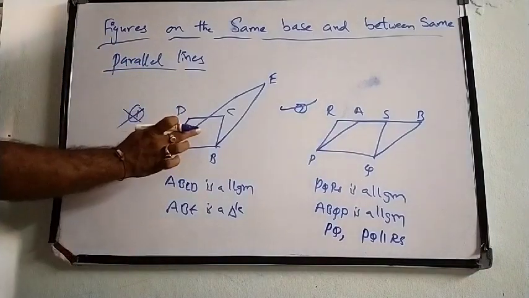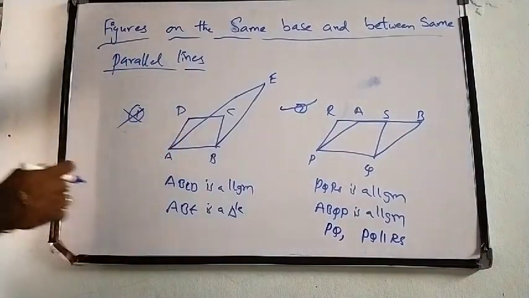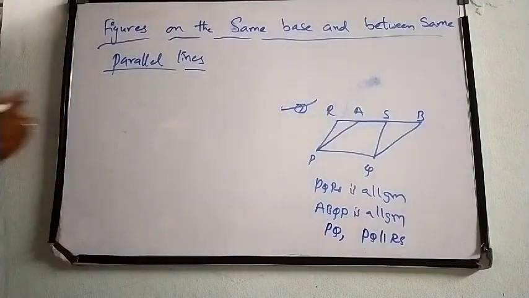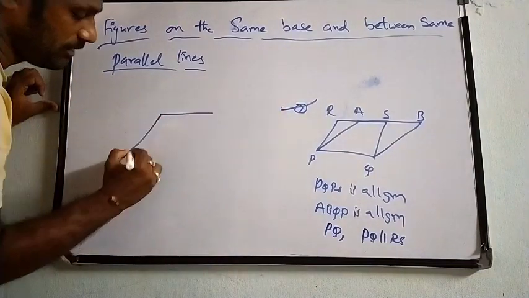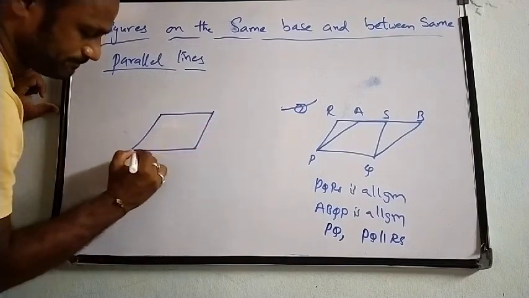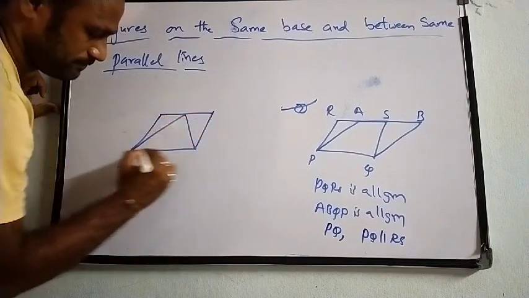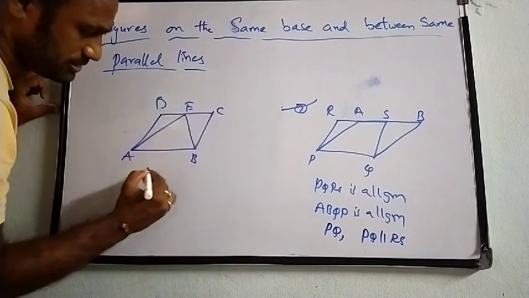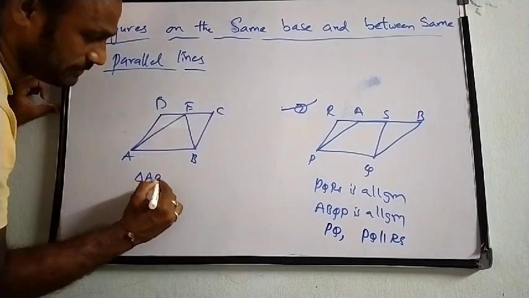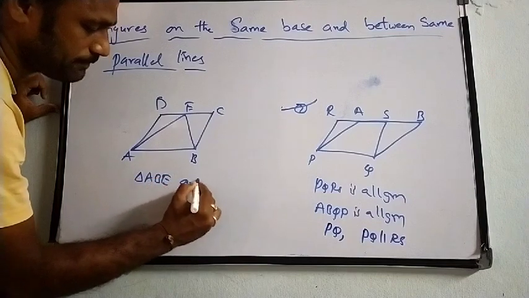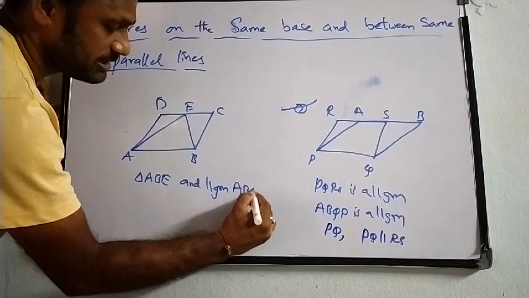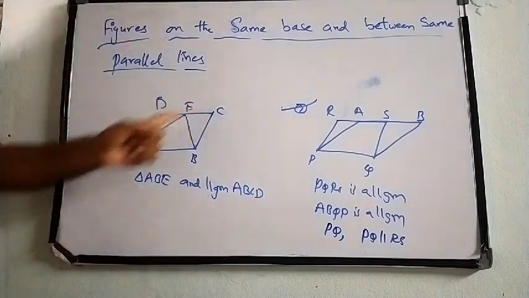Now the same figure, if I consider a third figure, let me draw. The same figure with a triangle we can draw like this: A, B, C, D, E. So here triangle ABE and parallelogram ABCD are having the same base and between the same parallel lines.